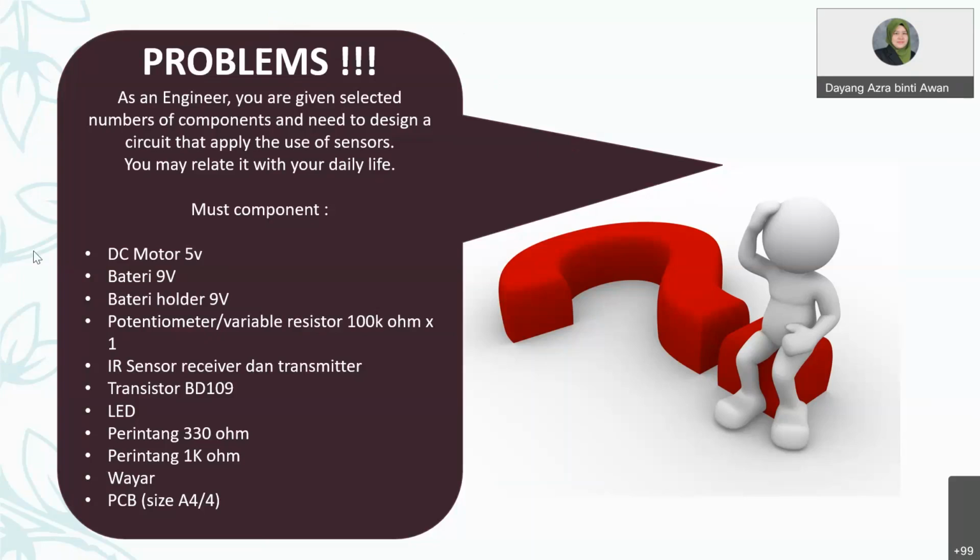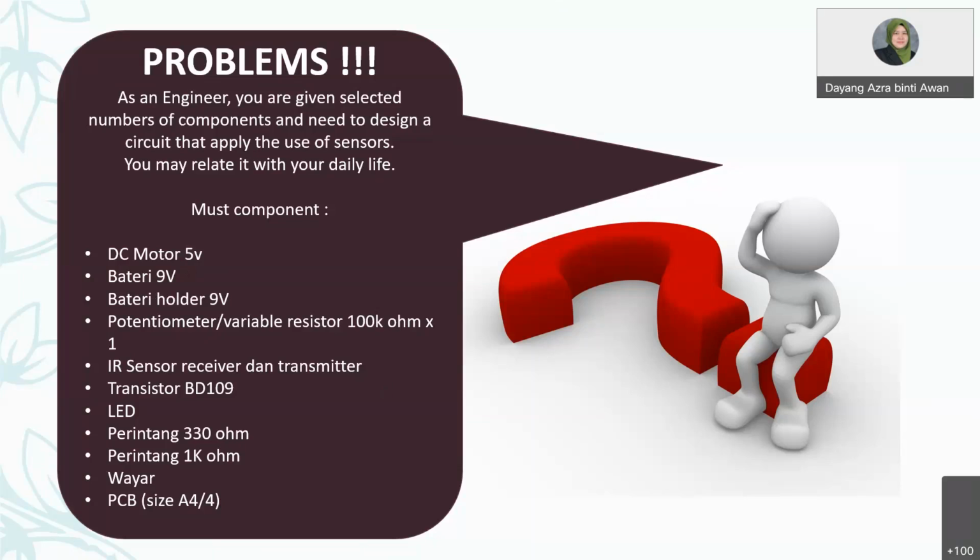Okay, so this is the problem related to your project. Like before, you are given a selected number of components and need to design a circuit that applies the use of a sensor. So you may relate it with your daily life. This is a must component that you need to have. You need a DC motor.